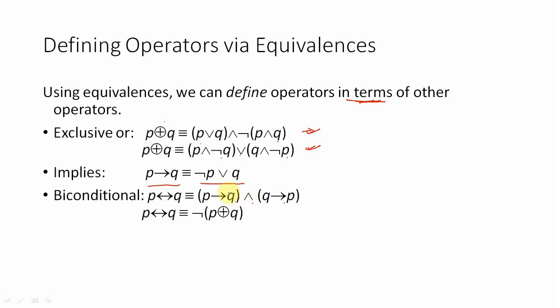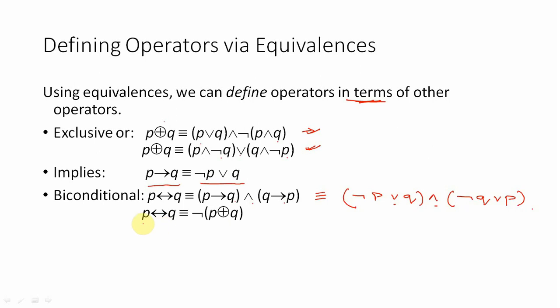Then you can further convert it. You can further rewrite it like P implies Q. P implies Q becomes not of P or Q, and Q implies P becomes not of Q or P, right? So you can further rewrite it in terms of the basic operators, basic connectives.